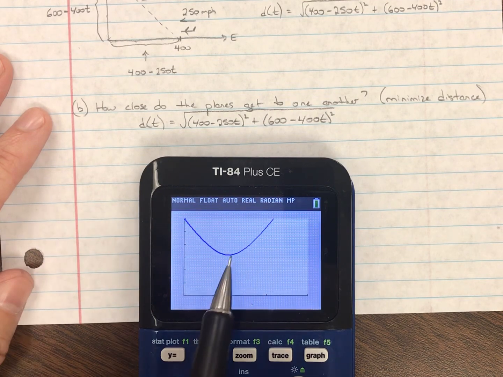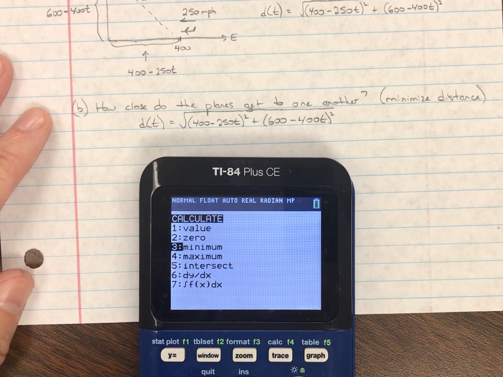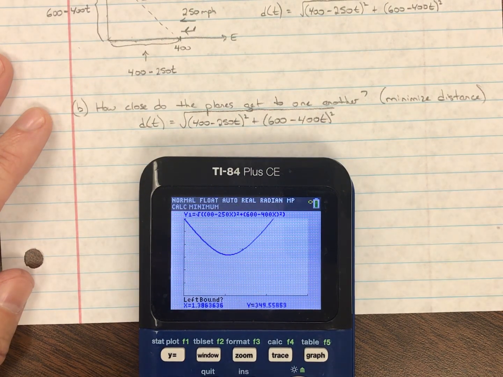I see a minimum right here. Let's calculate that minimum. Again, I need left and right bounds. Enter, and it looks like they get 318 miles apart.